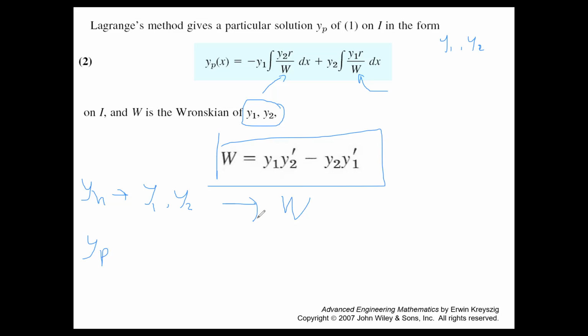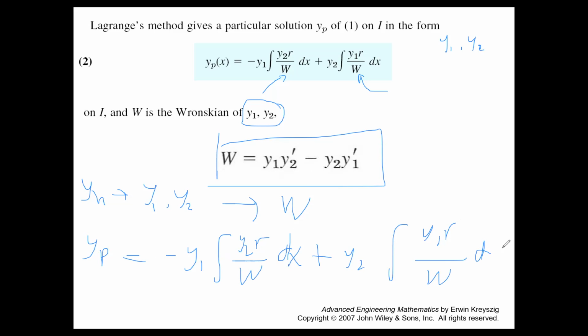Once you get the Wronskian, you can get yp equal to negative y1 times the integral of y2 r divided by the Wronskian dx, plus y2 times the integral of y1 r over the Wronskian dx. So you have the solution. Once you have yh and yp, you can combine them to get the final solution.